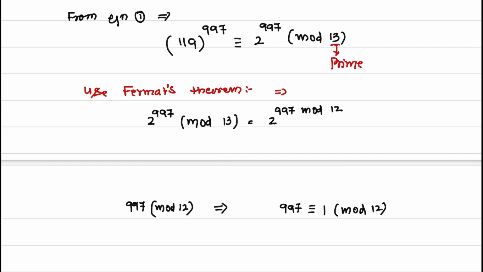Therefore, 2 to the power of 997 mod 13 is equal to 2 to the power of 1 mod 13.